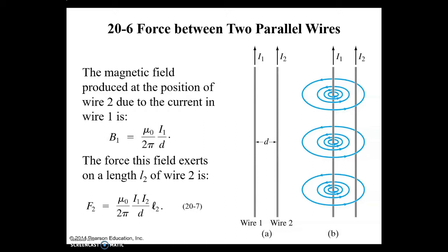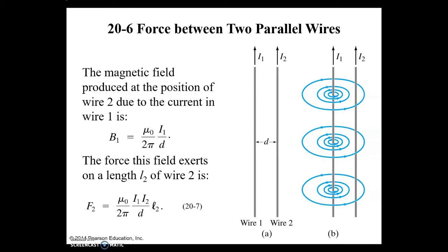Current I1 is going to generate a magnetic field that goes around wire 1. Well, wire 2 is close by, which means that wire 2 is now passing through the magnetic field for wire 1.